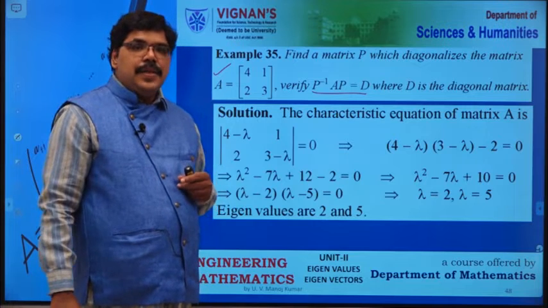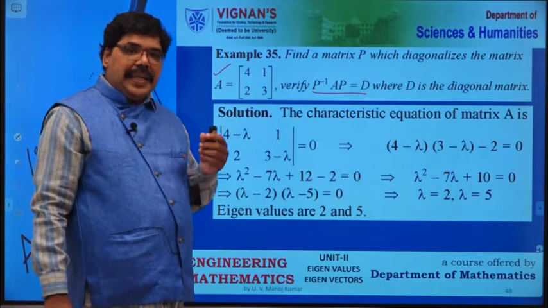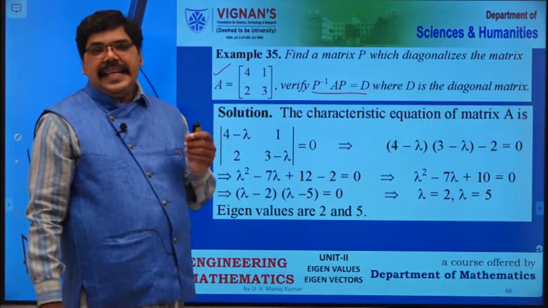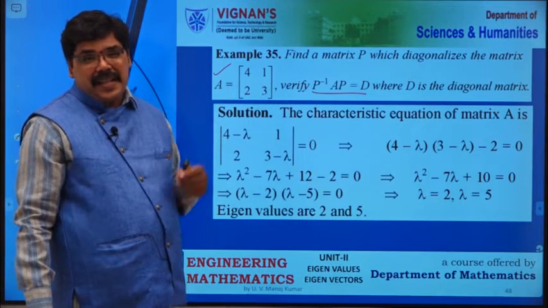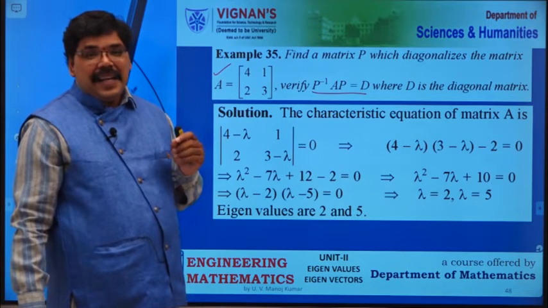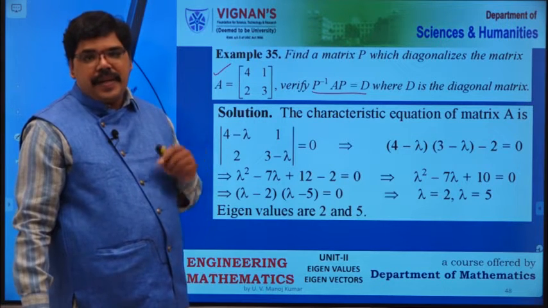Already we discussed. P is called the model matrix, D is called the spectral matrix. For finding the model matrix and spectral matrix, we need to calculate eigenvalues and eigenvectors of the given matrix.